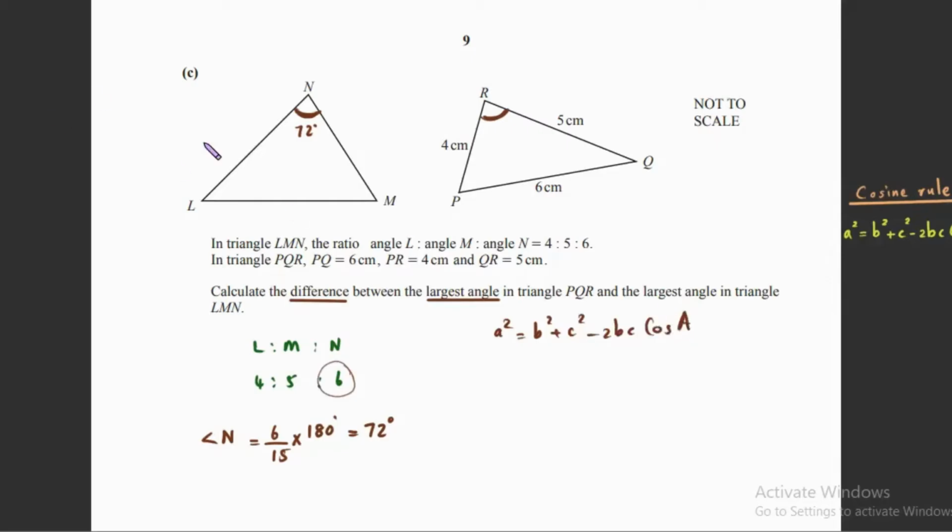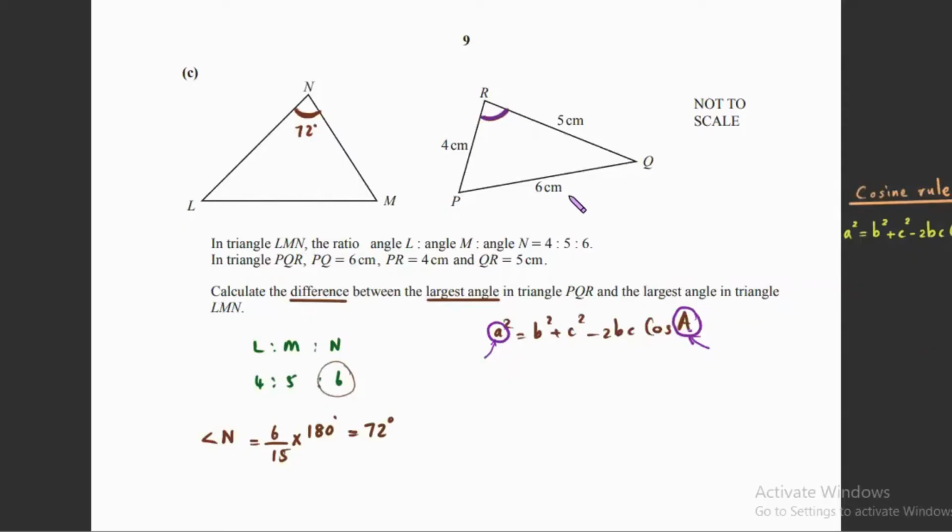In this case, this a and this A are right opposite to each other. This A represents the angle, whereas this a represents the side that is opposite to the angle. In this question, according to this diagram, this angle A has to be angle R because that is what we are supposed to find.